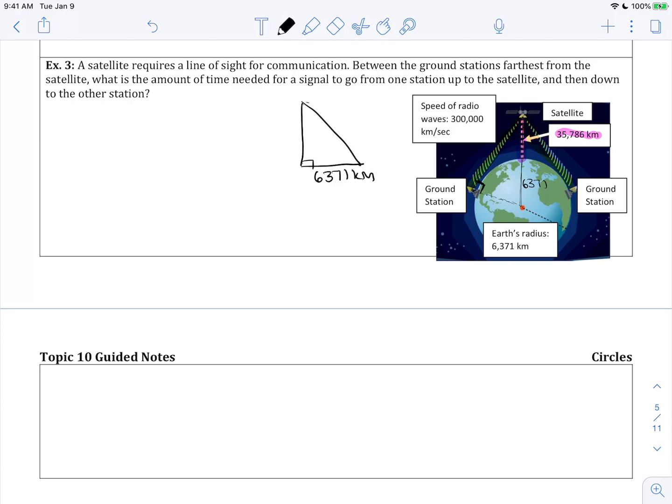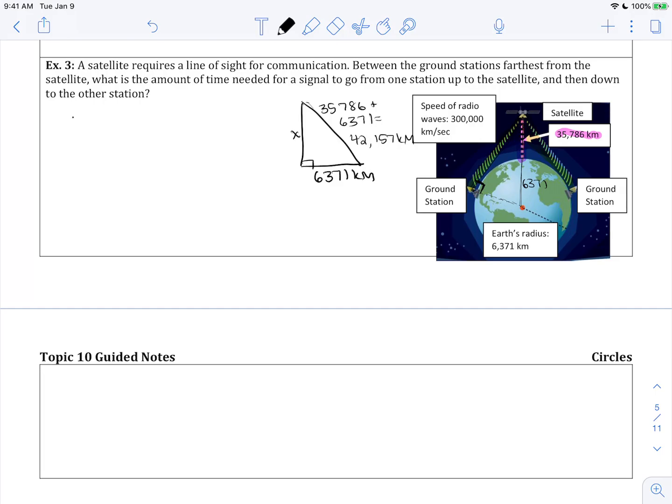So to calculate this hypotenuse, I'm going to do 35,786 plus 6,371, okay? When I add those together, I get 42,157 kilometers there, right? So we want to calculate this distance.